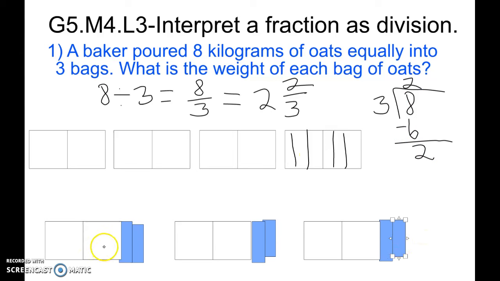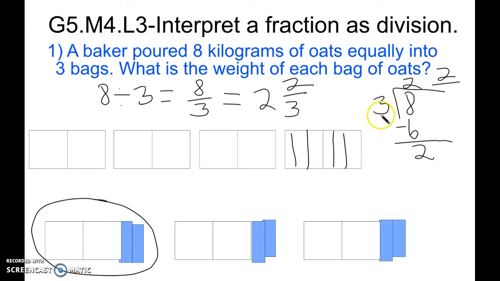So each group, each bag ends up with 2 and 2/3. And then again, if we finish up our division problem and put our remainder in fractional terms, we have 2 left over divided by our divisor, which is 3, giving us the same 2 and 2/3.